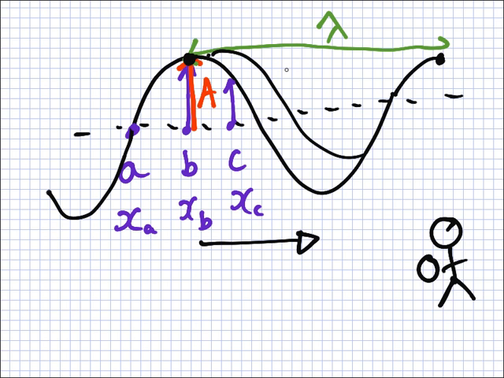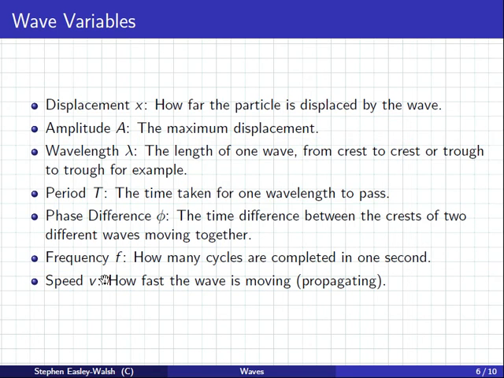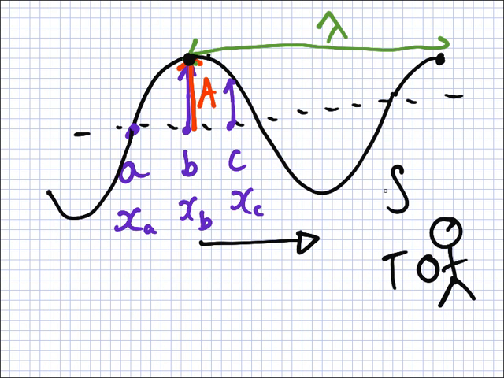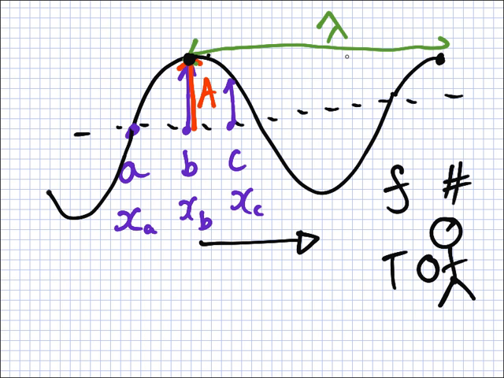So that's the time. For the frequency, you count the number of crests that pass you in 1 second. Isn't it also 1 over T? Yes, it's also 1 over T as a formula. The last, the speed, is how quickly the wave is moving.